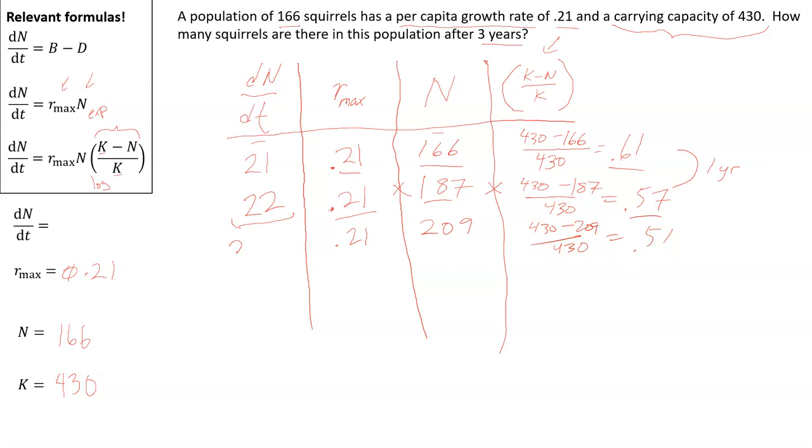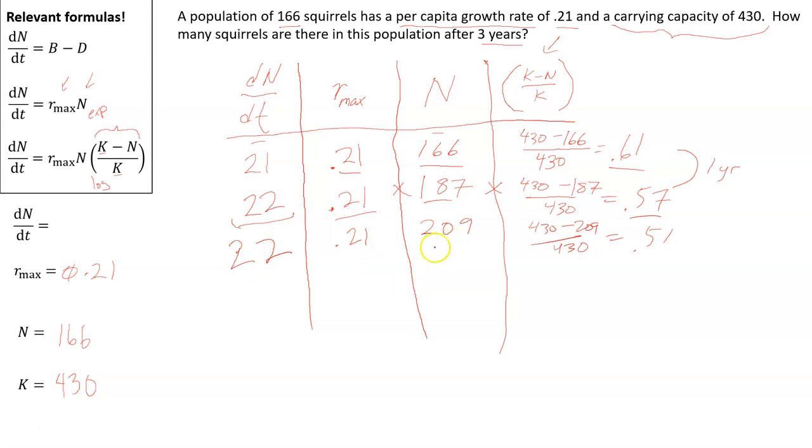So 0.51 times 0.21 times 209 gives us around 22 again, something like that. So dN/dt is still 22.